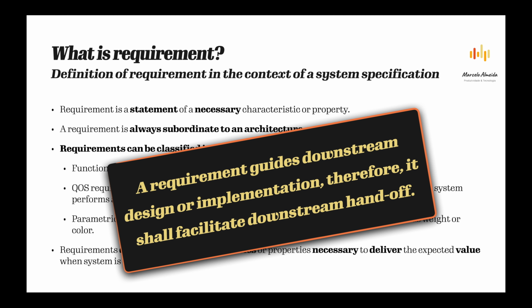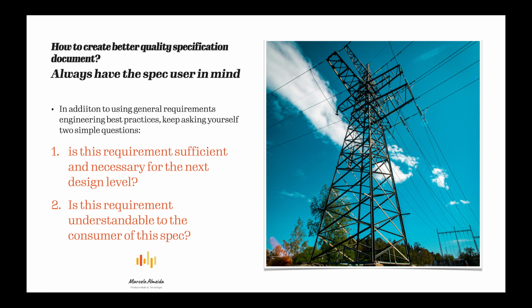When you are given the requirements for someone to implement, that someone needs to understand it. Make sure you understand who that someone is, what is their level of understanding of the system you're trying to specify. Talk to them and make sure that they understand the spec that you've delivered. Always have the spec user in mind. That is the tip.